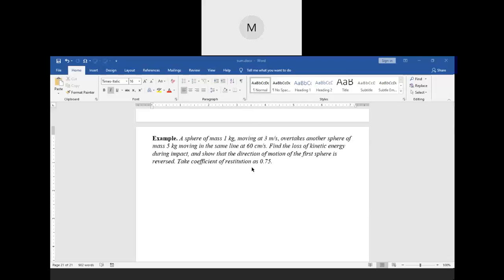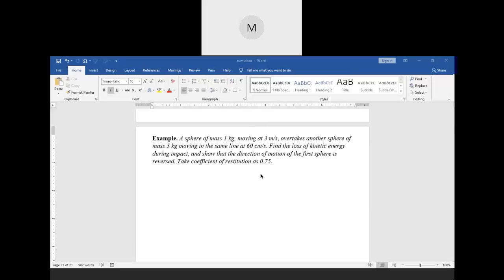Students, do I need to give you some hints? Okay, so listen. You can see that numerical question now on the screen, right? Can you all see that? In that question it is given: the mass of the first sphere m1 is 1 kg, and the initial velocity is 3 meter per second.